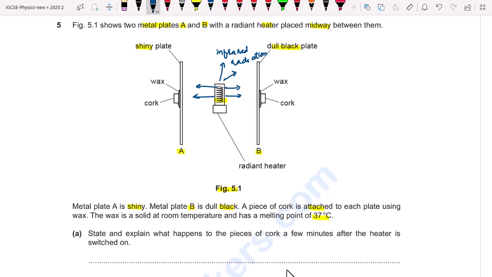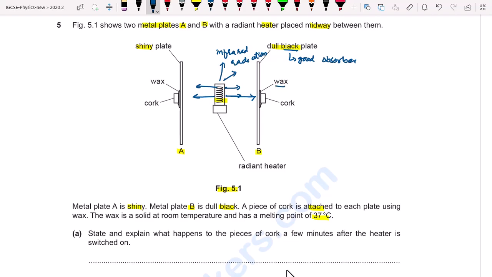When this radiation reaches plate B, as the dull black plate is B and black is a good absorber, all of the radiation is absorbed by plate B. It means that the heat passes through B and then reaches the wax, due to which the wax melts.